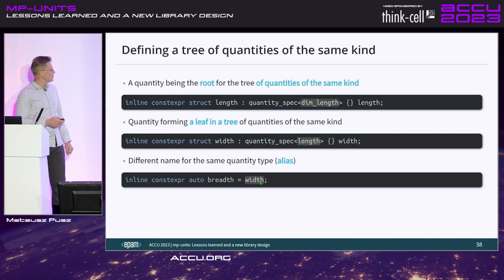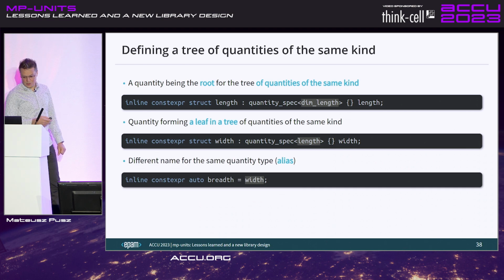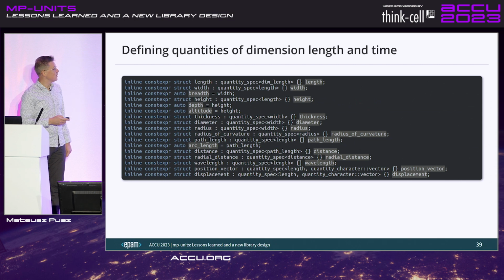And also there are aliases, like here, those are aliases for the same quantity by the ISQ system. This is the main rule that I'm using for the definition, and then I have a long slide with definitions, but I don't want you to read it. I just want you to see how terse it is to define so many quantities. You have just one line per quantity and that's it.